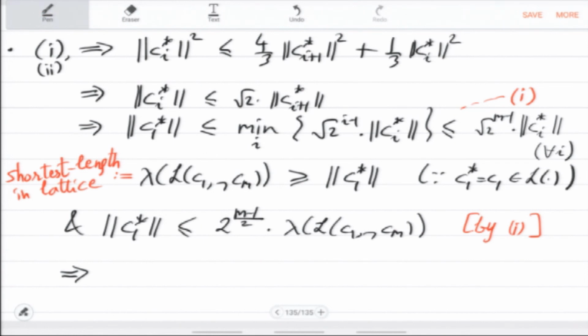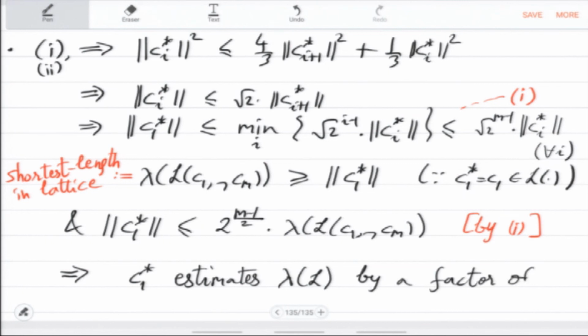So this means that C1 star estimates the shortest length by a factor of 2 raised to m minus 1 by 2, which is actually C1.